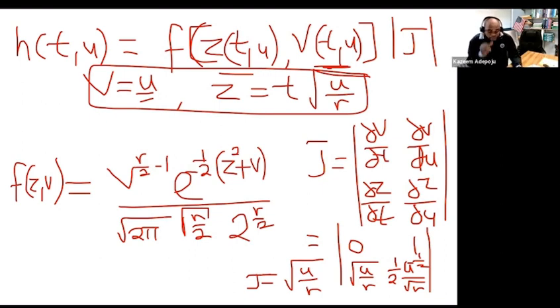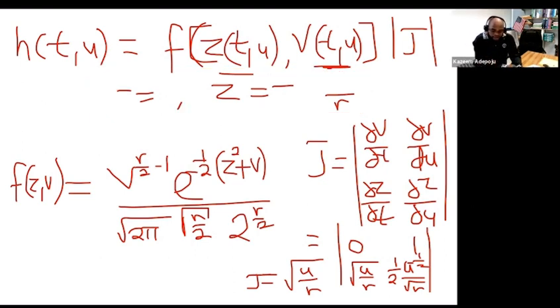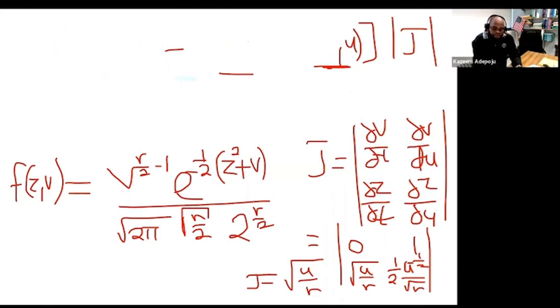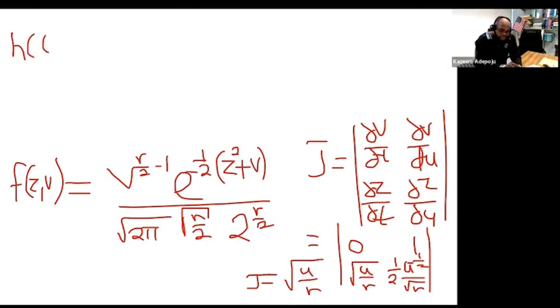So since I already have what I need, I'm going to come here, and I want to get h of t, u. Now, the other time, given z, don't forget, t is equal to z over the square root of v over r.